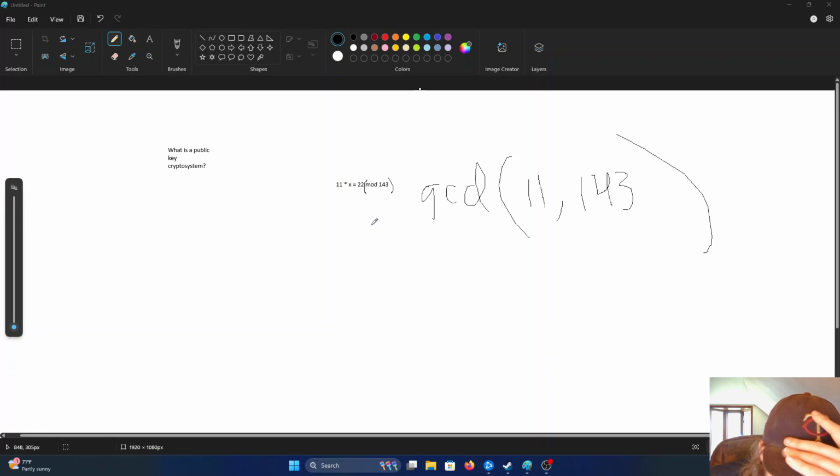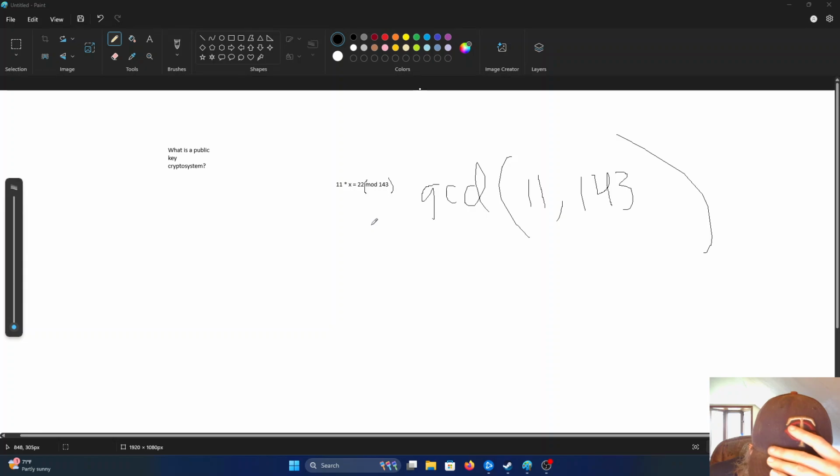If GCD of a and n equals 1, there's exactly one solution. We find the value c such that a times c equals 1 mod n, and then we compute b times c mod n and store it in x. If g equals GCD(a, n) is not equal to 1 and GCD(a, n) divides b, then there are g solutions.